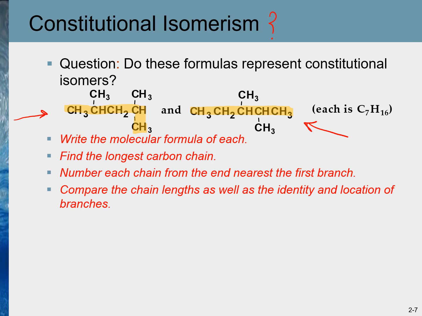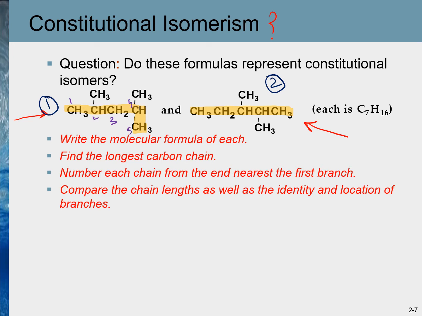And then the next step is we number the longest chain starting from the end which is nearest to the branch. Let's call this compound the first compound, and this the second compound. In case of the first compound, either end is equally near, so you can number from either end. So let's number it from the left hand side. That would be carbon number 1, number 2, number 3, 4 and 5.